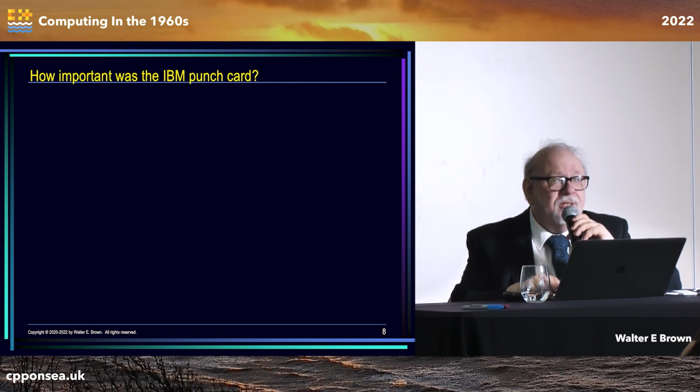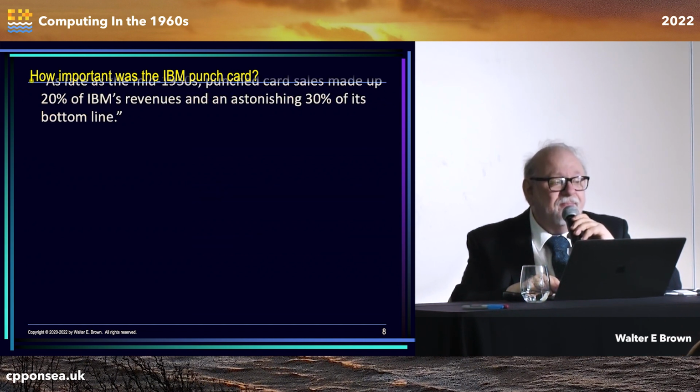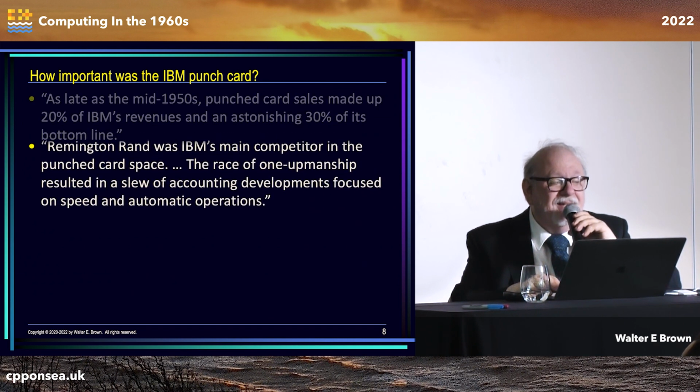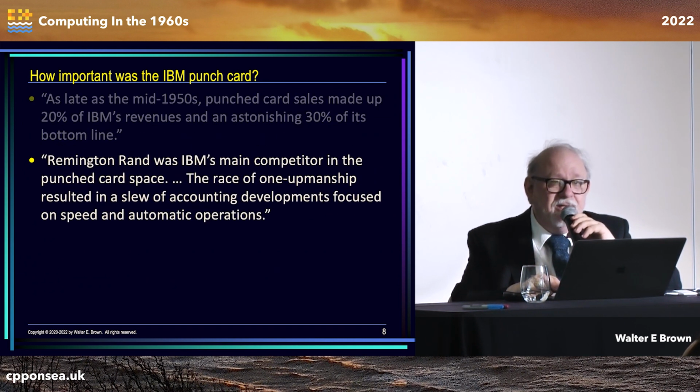How important was the punch card? I found this statistic incredible. As late as the mid-1950s, punch card sales made up 20% of IBM's business and 30% of the bottom line. The main competitor for IBM at that time was Remington Rand. Their holes were ovals.